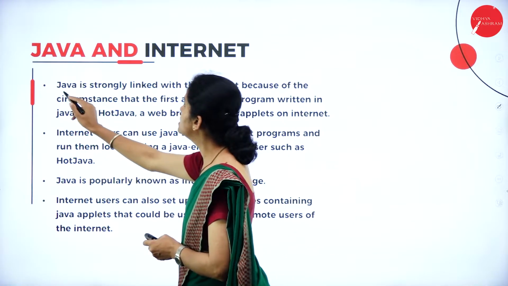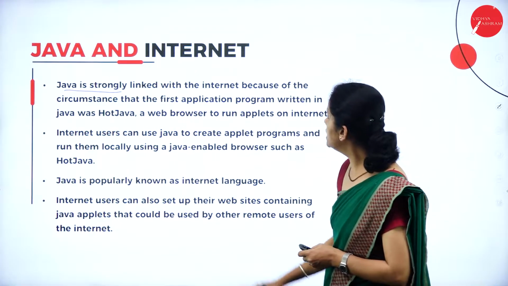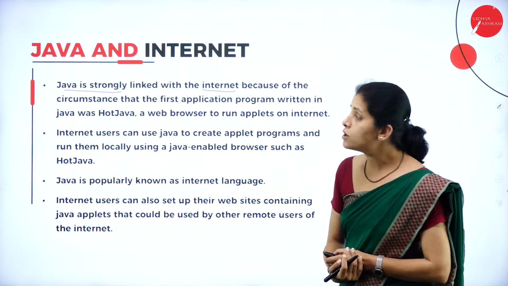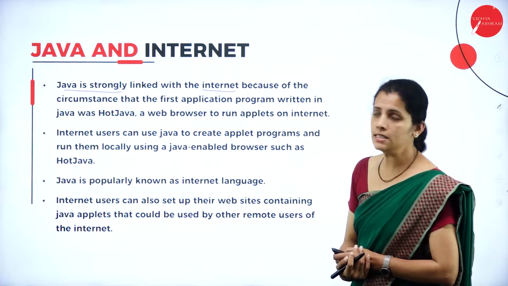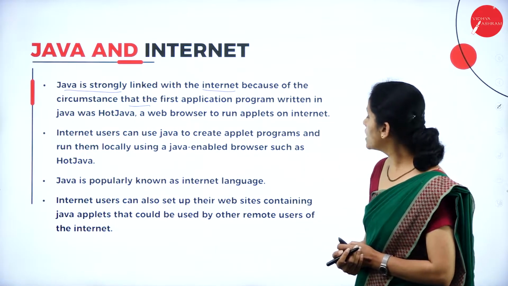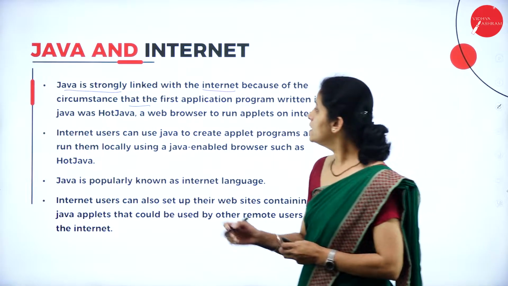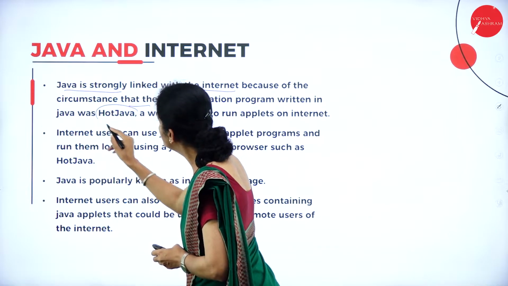So here, Java is strongly linked with the internet because of the circumstance that the first application program written in Java was Hot Java. So what is this Hot Java?